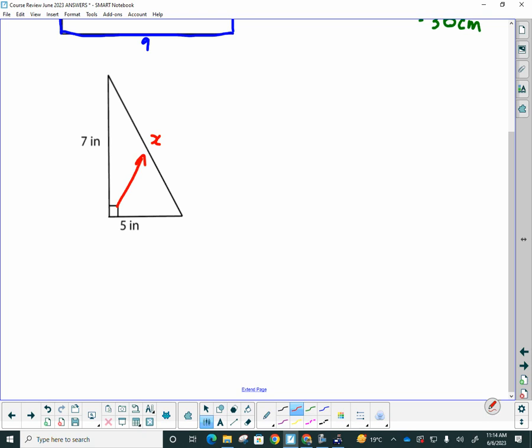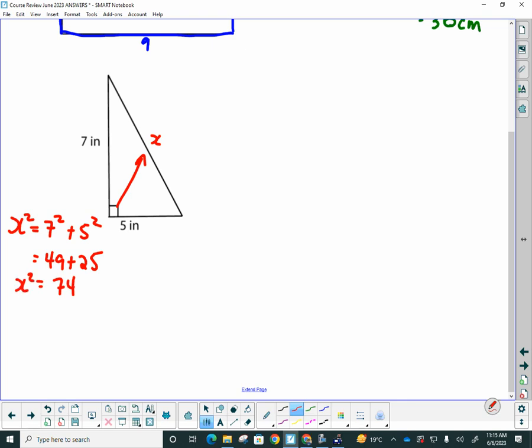That's the hypotenuse. So off to the side here, I'm going to go x squared equals 7 squared plus 5 squared. The hypotenuse is x, so it's x squared is written by itself. And then it's the sum of the other two squareds. 7 squared is 49. 5 squared is 25. Add them up, and we get 74. That's x squared.